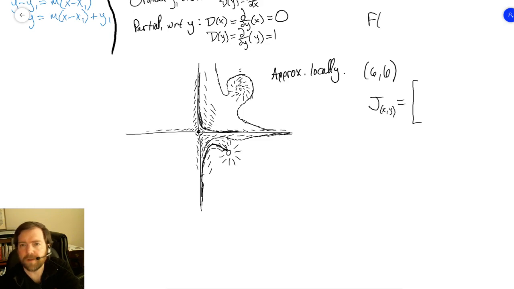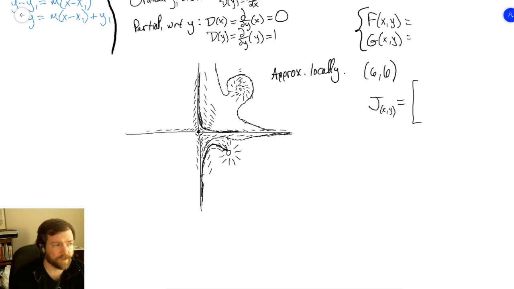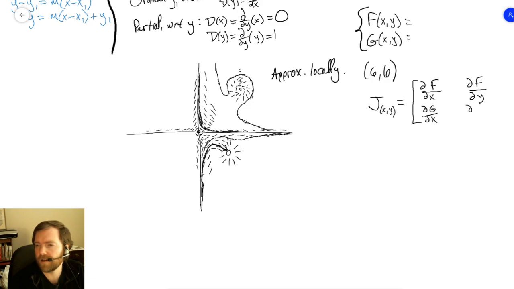Okay, you've got something like f of x,y and g of x,y, and they are a coupled system, so a system of differential equations. Basically what you do is you take the partial derivative with respect to x on f, y on f, x on g, and y on g.